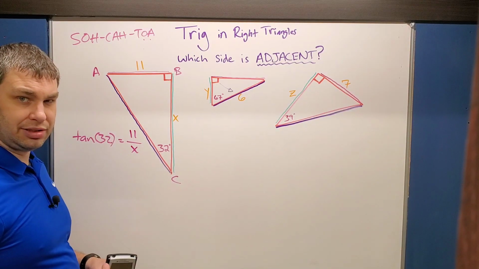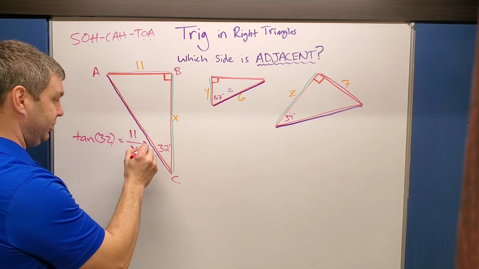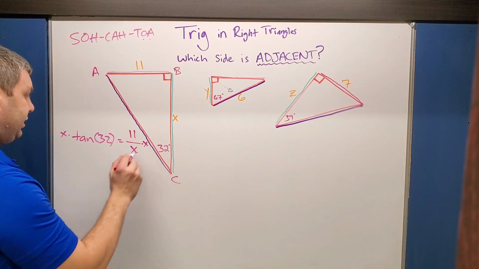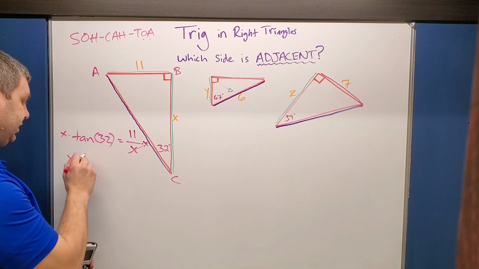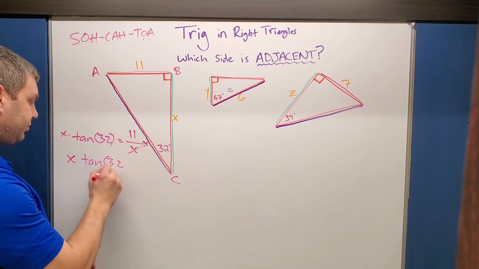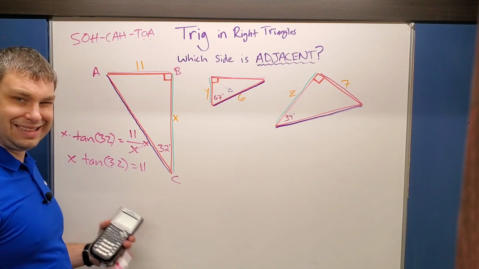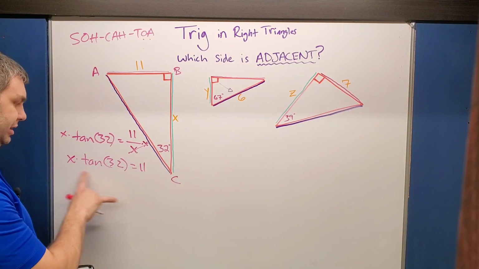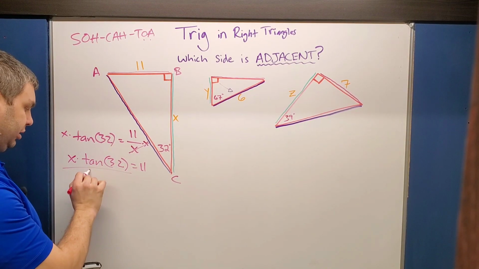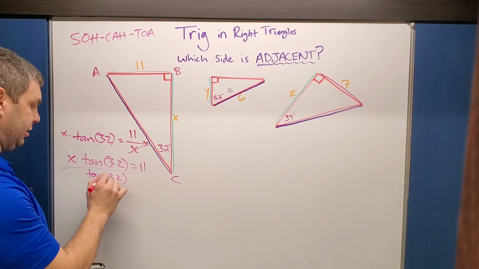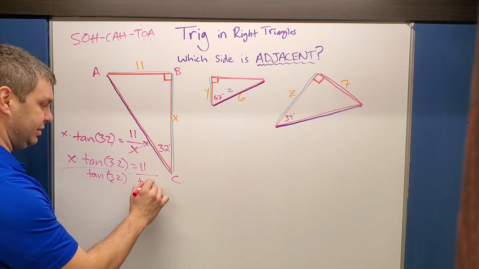When it comes to solving this, you always want to multiply by what's in the denominator. In this case, X, X, and X, and those are going to cancel. So now I have X times the tangent of 32, and it equals 11. Well, I need to get that X by itself. Currently, it's being multiplied by tangent of 32. That's just a number, and I can divide by tangent of 32 on both sides.